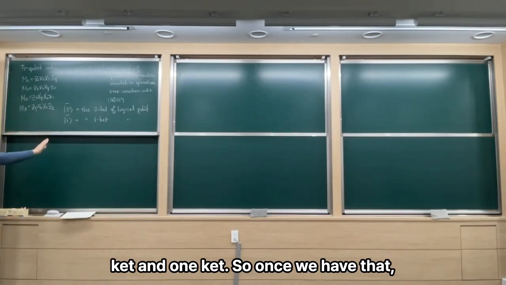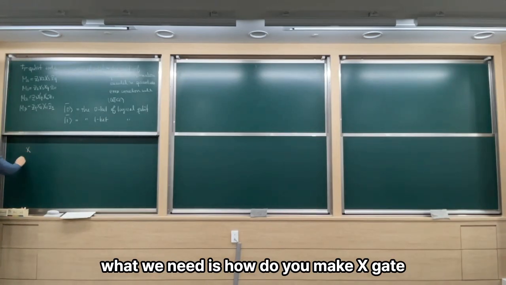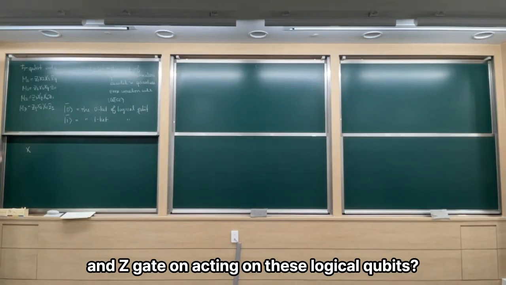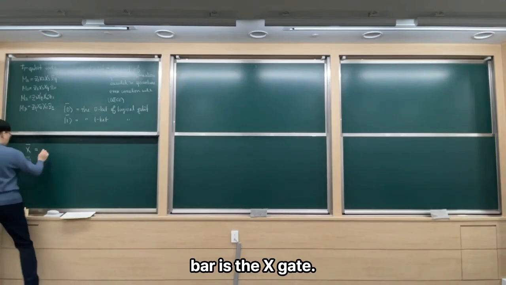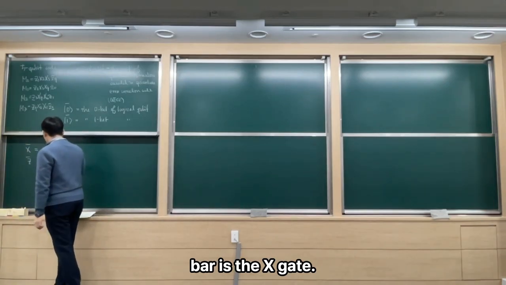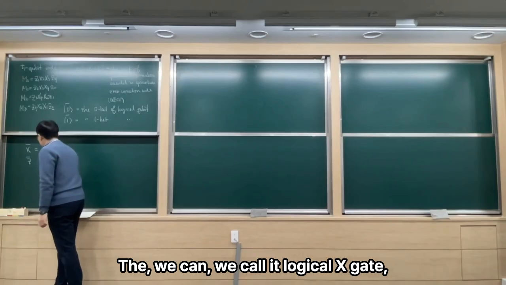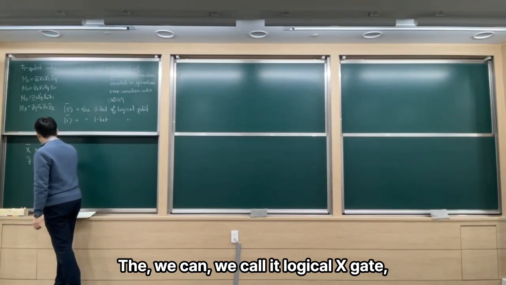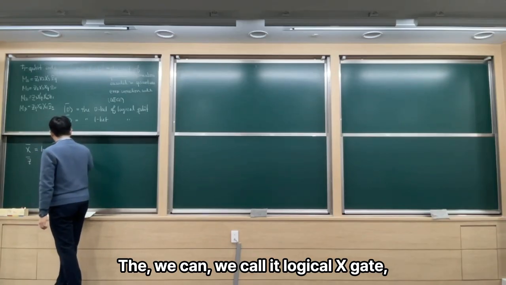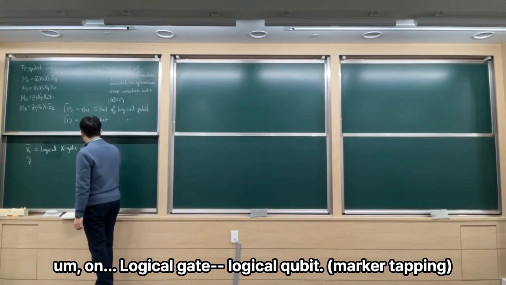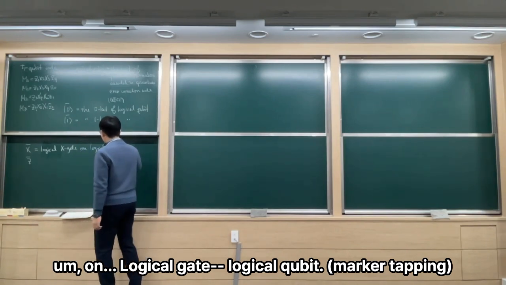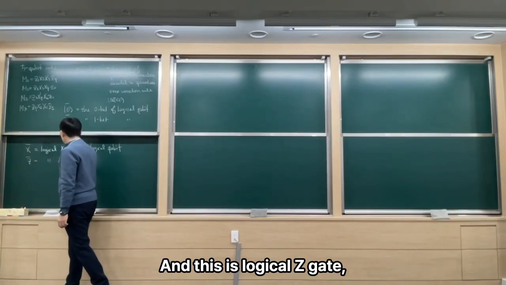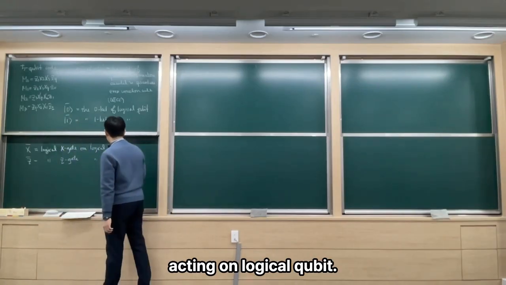Once we have that, what we need is how to make the X gate and Z gate act on these logical qubits, the logical 0 and 1 kets. Let's say X bar and Z bar: X bar is the logical X gate on the logical qubit, and Z bar is the logical Z gate acting on the logical qubit.